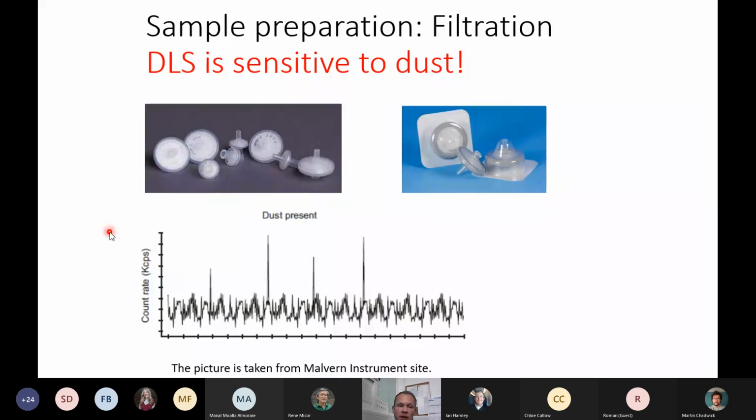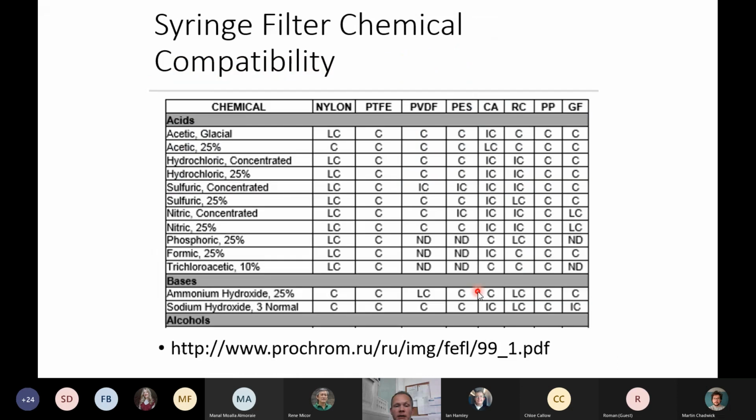So by default, I take a PVDF or some other hydrophilic filter, and I filtrate into the cuvette. If you don't know which filter to take, there are many charts available from different companies.